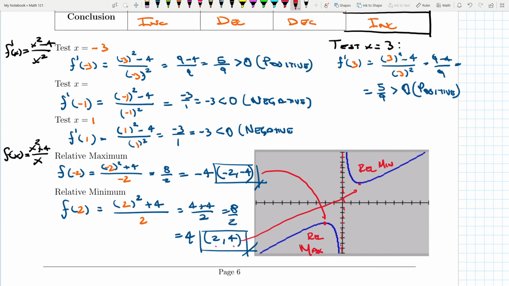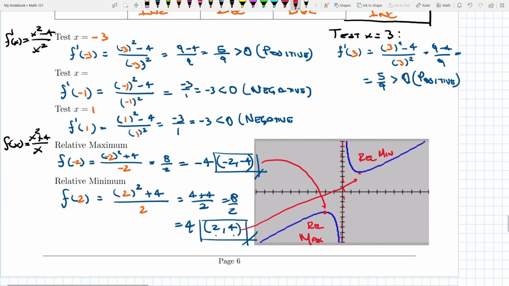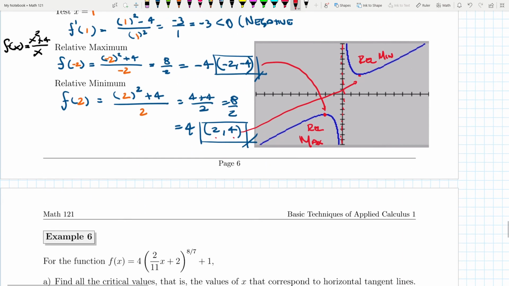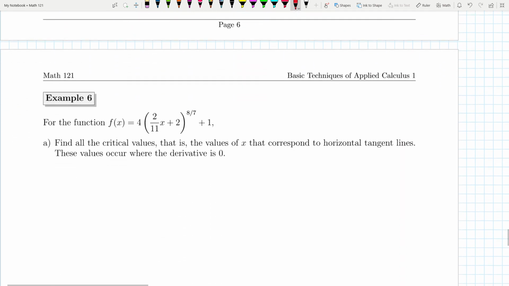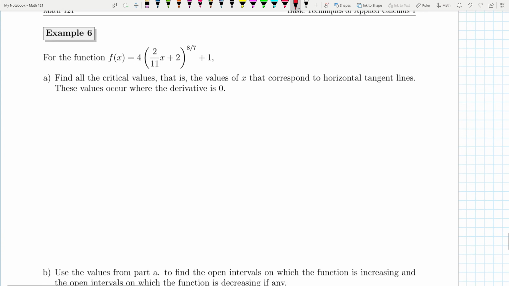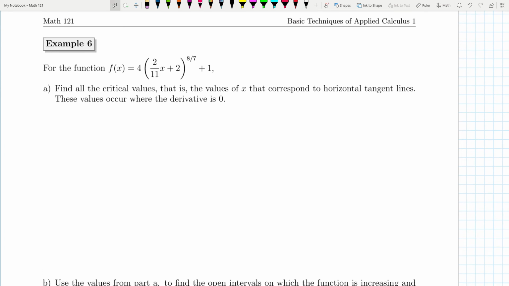Okay, let's go ahead and look at one last example. This last example is going to be very short actually, but the reason I'm doing this example is because of the weird exponents and the algebra that is involved.